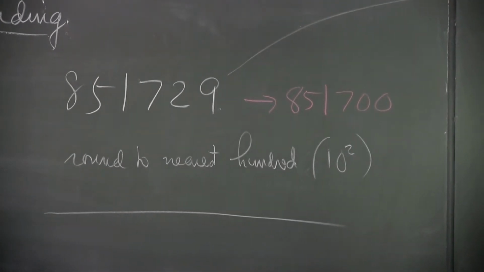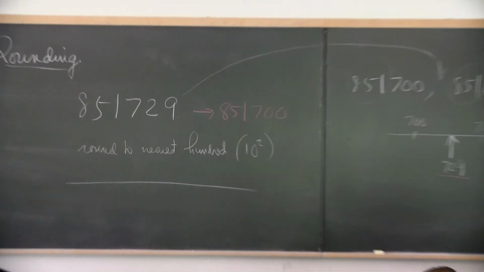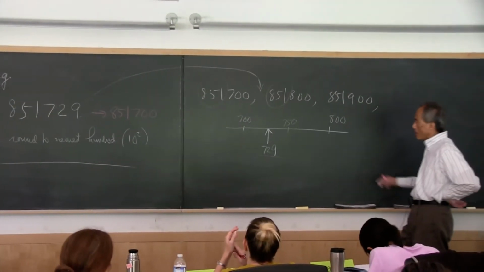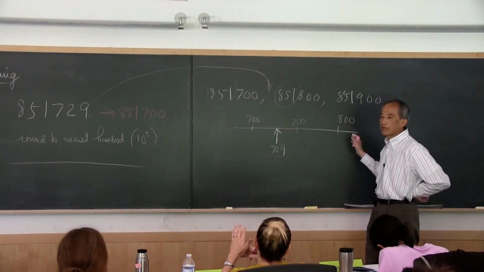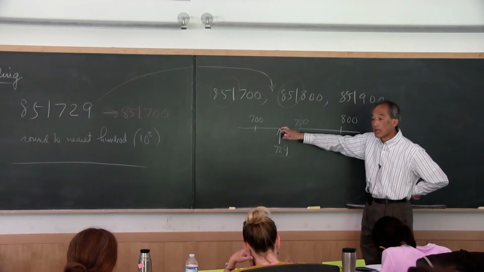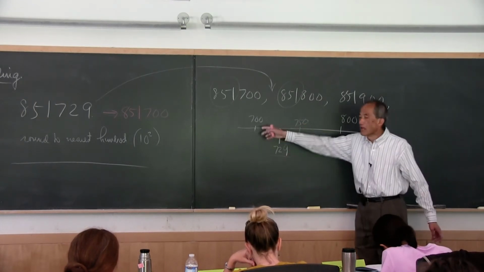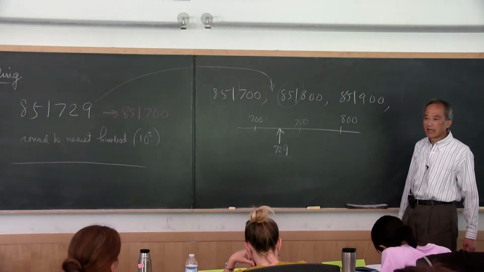Now there are some subtleties. Well, what we said was, look at all multiples of 100 and look at which one is closest to the number you're looking at. In this case, it's 700, right?